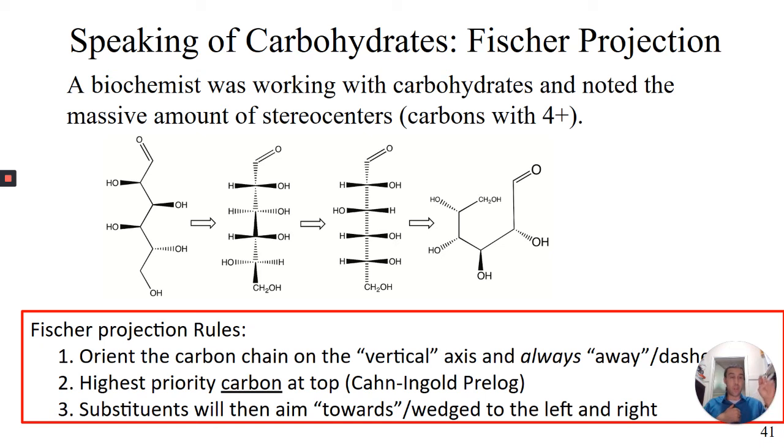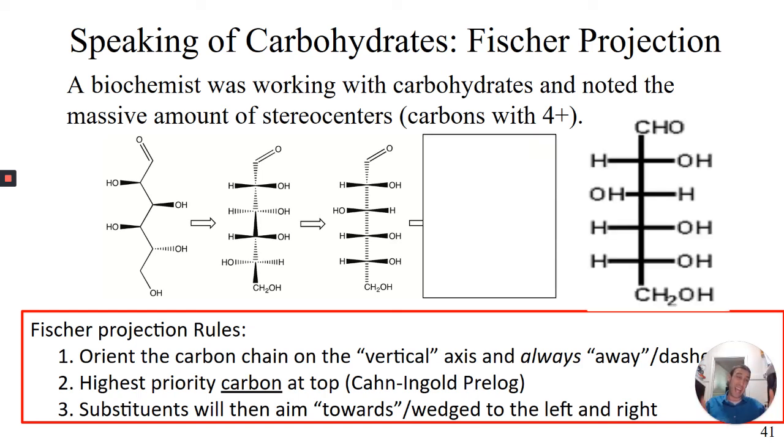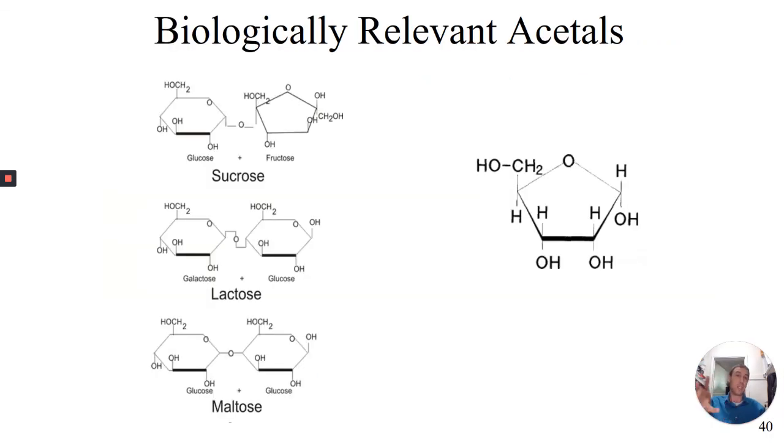The structure cycles back on itself, which is interesting because when it cycles back on itself, it starts to bring the alcohol and the carbonyl very close to each other, allowing for the cyclization. All the more reason why Fischer kind of struck on something with his projection, because we can move from that Fischer projection to the cyclic formation pretty fast.